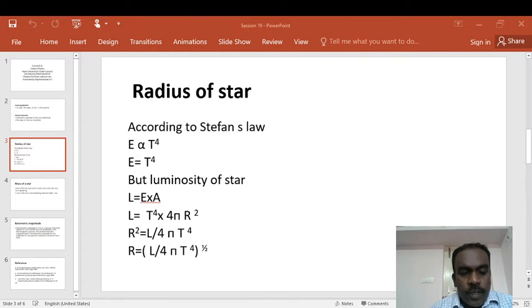Hence, the radius of the star can be measured only by using the luminosity and the temperature of the star.